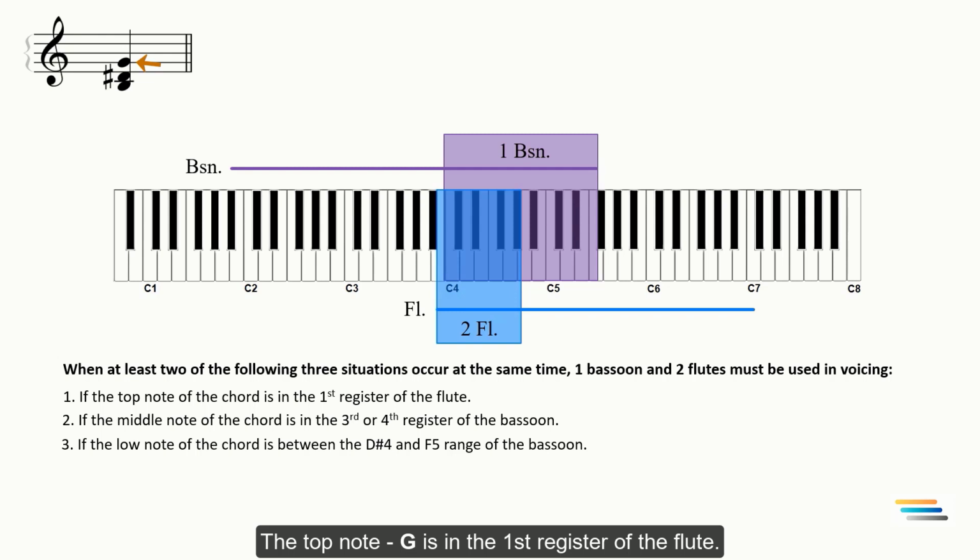The top note, G, is in the first register of the flute. The middle note, D sharp, is in the third register of the bassoon. The B, which is the low note of the chord, is not between the D sharp 4 and the F5 range of the bassoon.